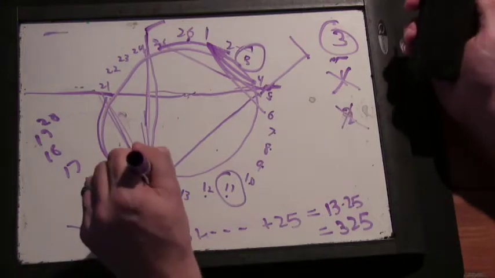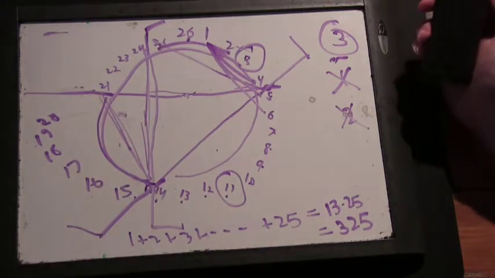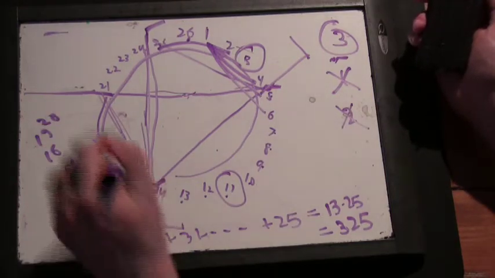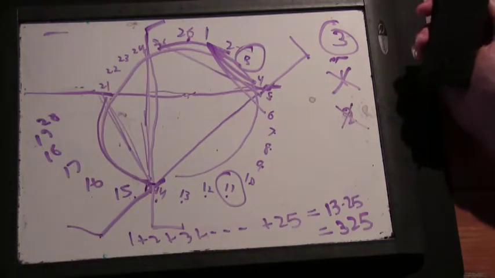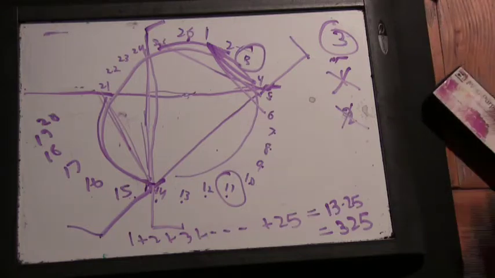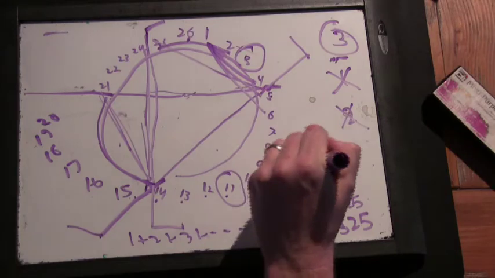How many lines are there when I connect up everybody in a group of 16? With 16 people, when I draw all the lines in that group of 16, how many lines would there be? 1 plus 2 plus all the way up to 15, which is 16 times 15 over 2, 8 times 15, which is 120.